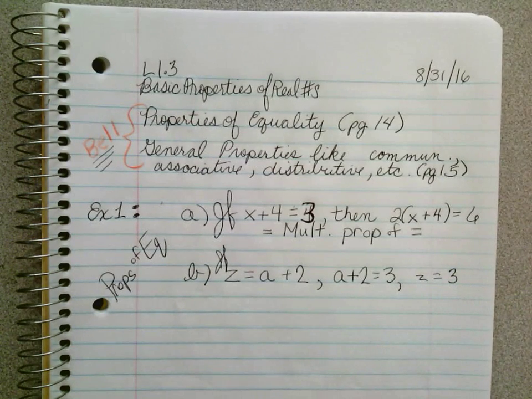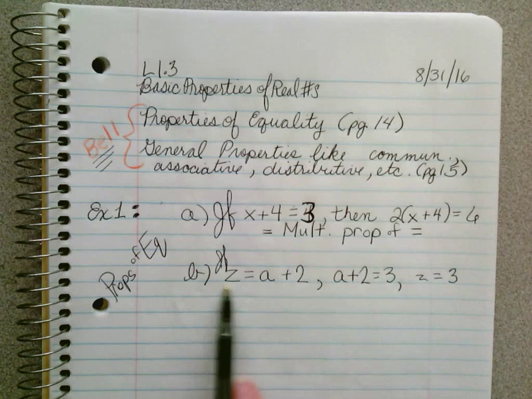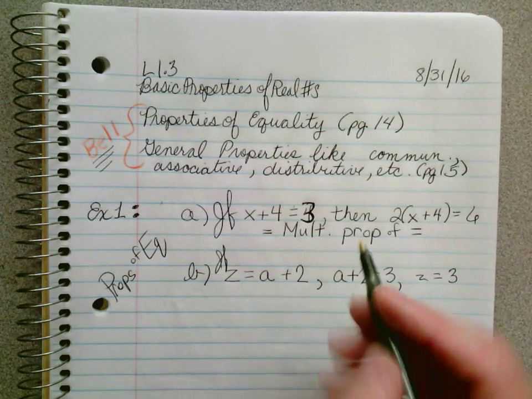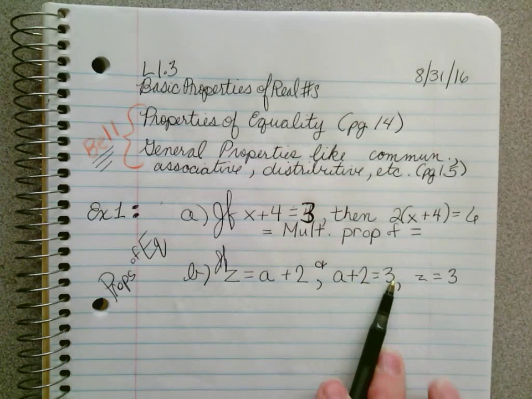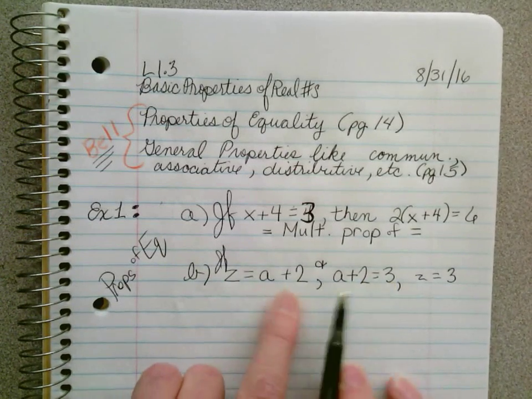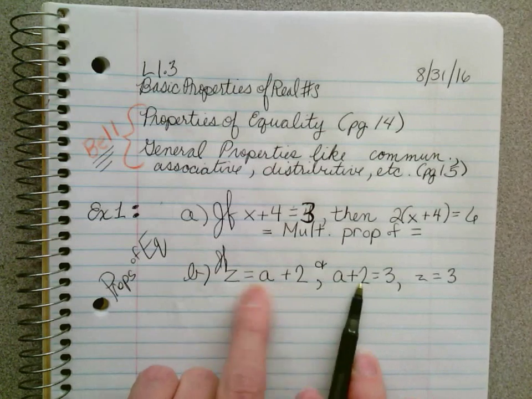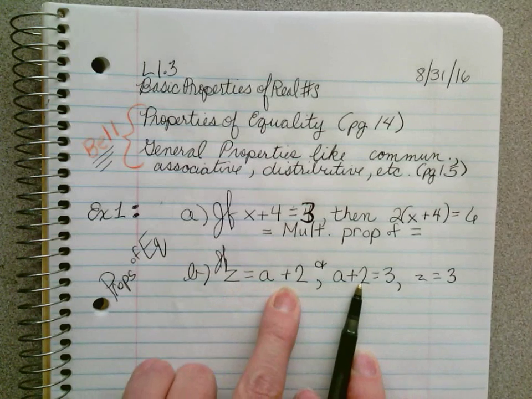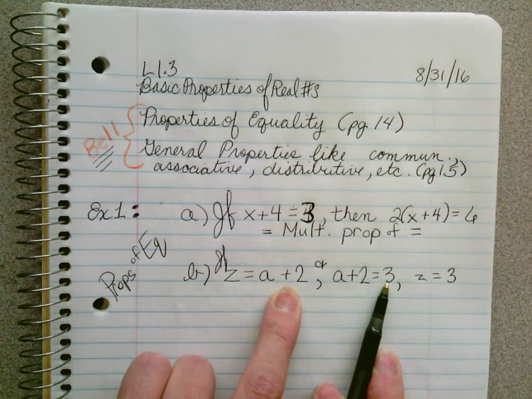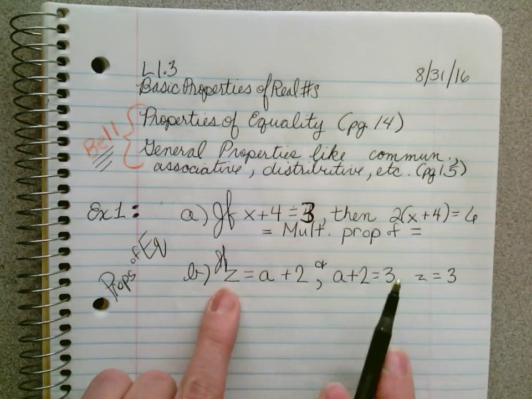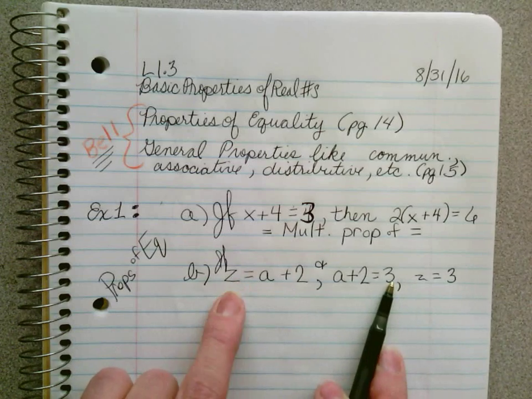Okay? So, they've stated this, and they've told me that the actual result is this. So notice, A plus 2 equals Z, and A plus 2 equals 3. That is telling me that these two items equal each other.